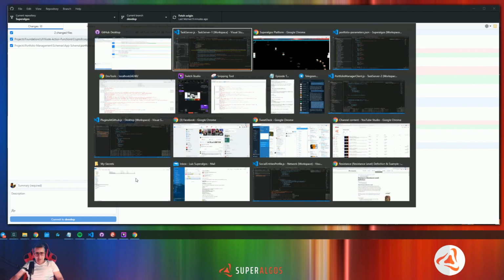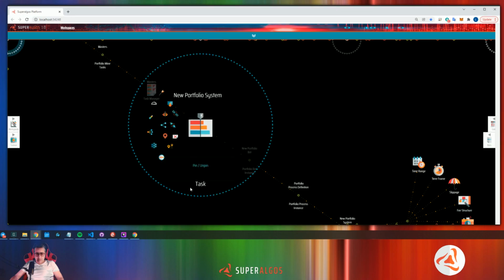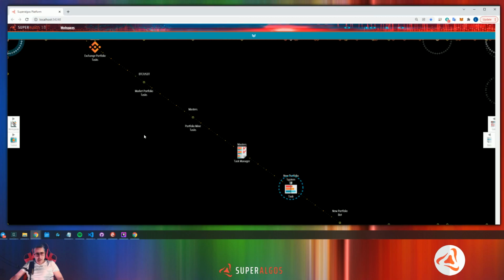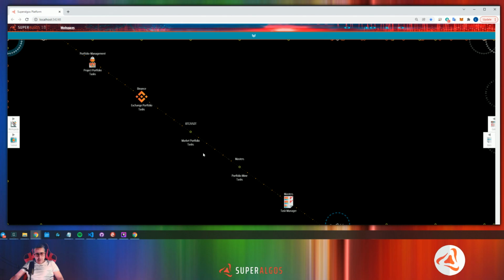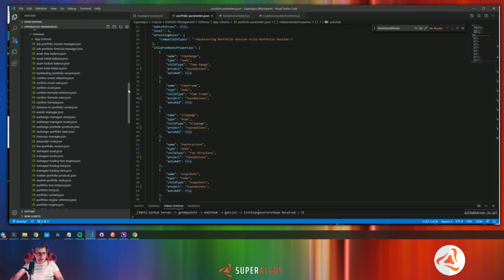The only thing I want to check is that these nodes, like the word that we were checking here, market portfolio task, for example, are actually not duplicated.